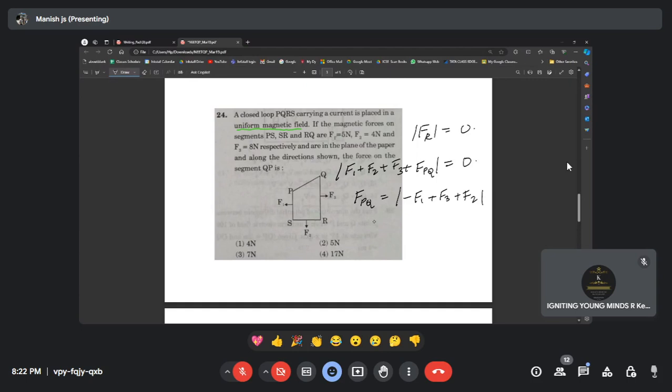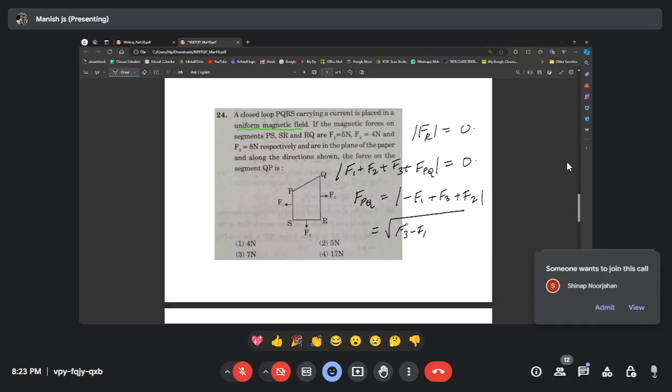Now to find the resultant of the vectors, we can take the square root. So when you write the resultant of the vectors, it is the square root of F3 minus F1, because both are acting along the same axis, in opposite directions, but on the same axis. So F3 minus F1 the whole squared plus F2 squared.